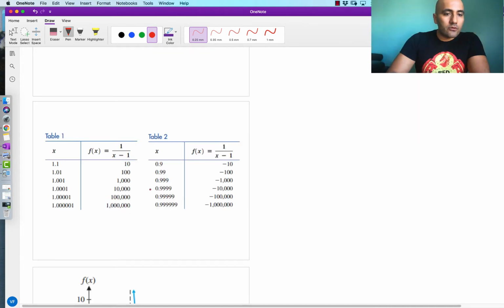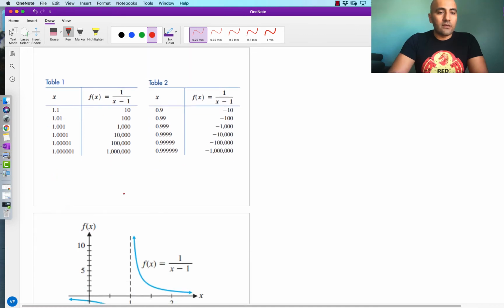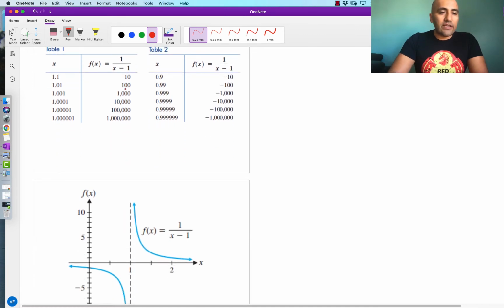Here is what your textbook provided. So similar to what I did with Desmos, we have a table where we have input values of x as they get closer and closer to 1, but always from the right-hand side. Right, so here's our function, and then you see these outputs. So again, confirming what I just did, the output values are getting larger and larger.